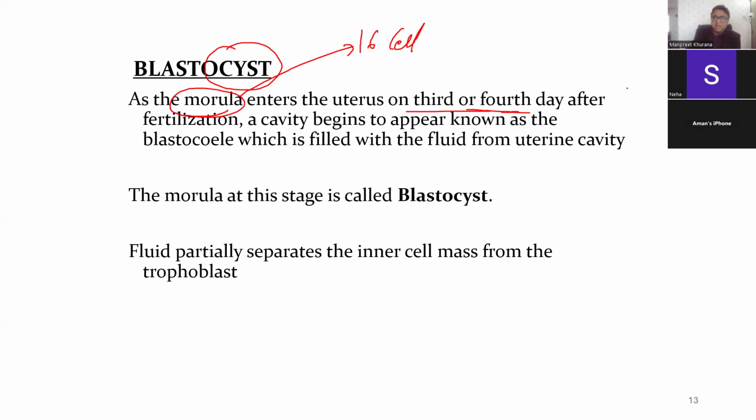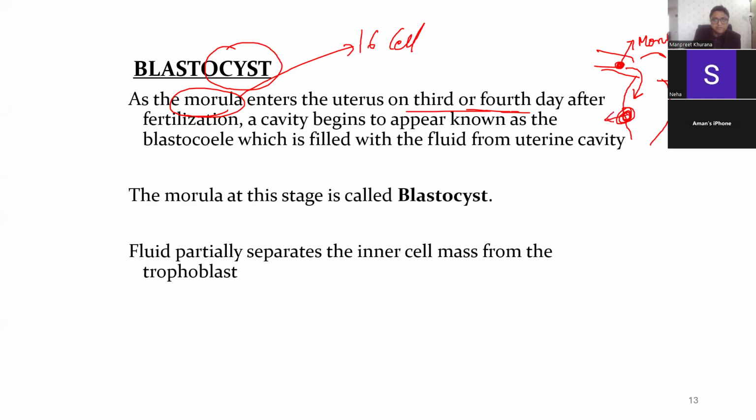If I make a very small diagram, the fertilization is taking place in this area. After this fertilization, the morula is formed, and it goes into the uterine cavity, and at a certain stage, which we'll be discussing, it gets implanted here.